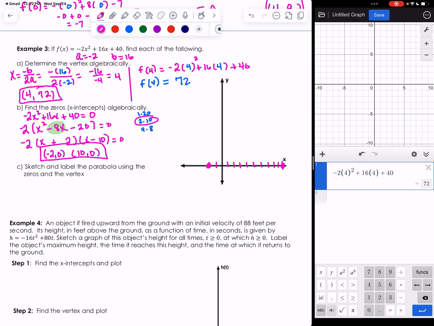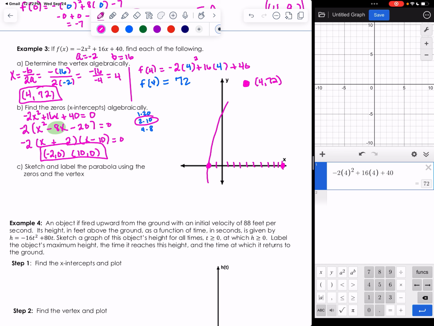My vertex is at 4, 72. Now, we're just making a rough sketch, so I'm not really going to scale the y-axis. I want to go 1, 2, 3, 4, and then way up here somewhere, I'm just going to put that and label it as 4, 72, instead of scaling.